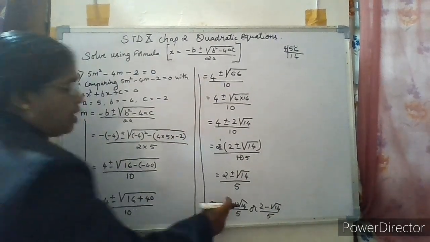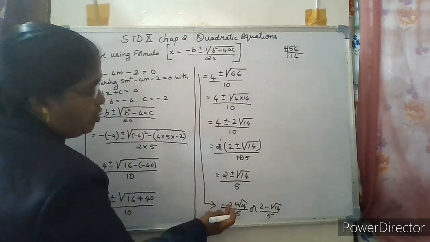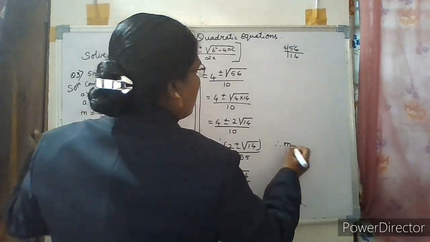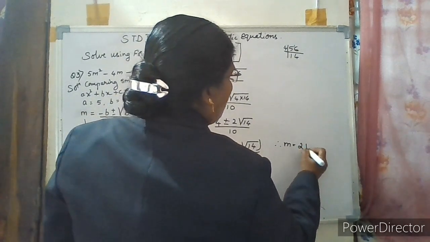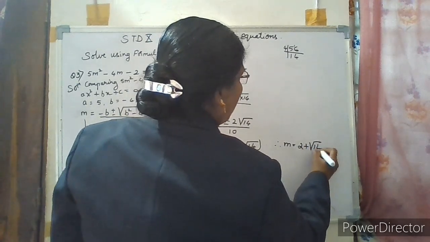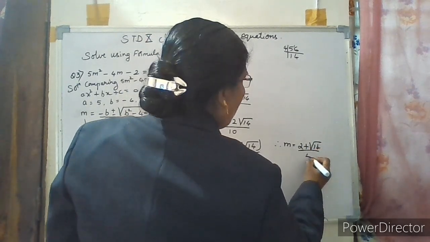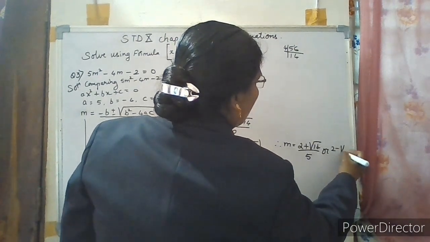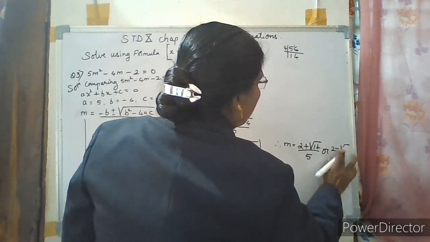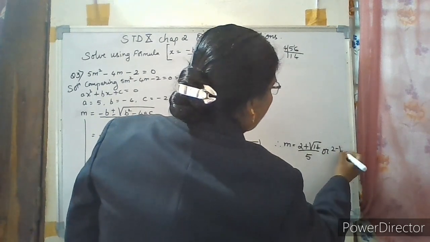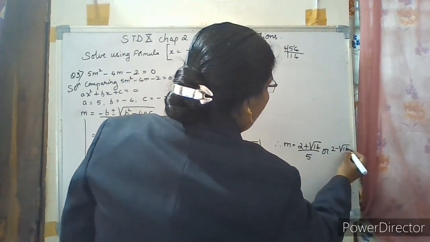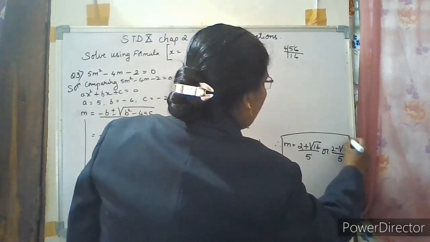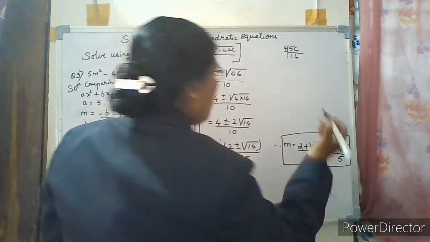In this way we cannot simplify this, so the numerator is in the binomial form. Therefore m is equal to 2 plus root of 14 by 5, or it is 2 minus root of 14 by 5. So this is the value of m we have got.